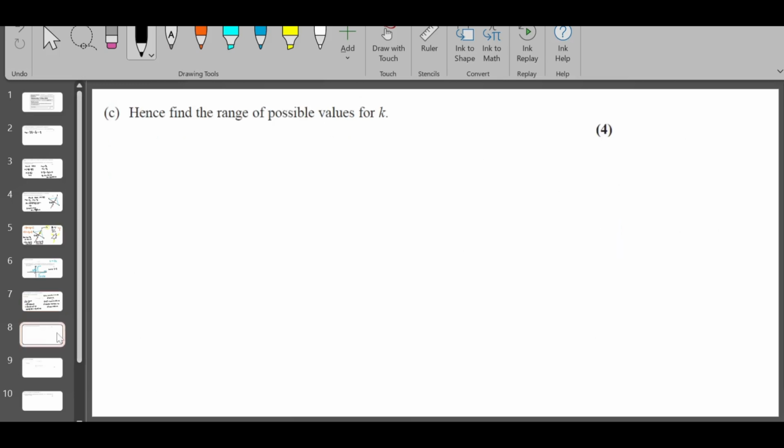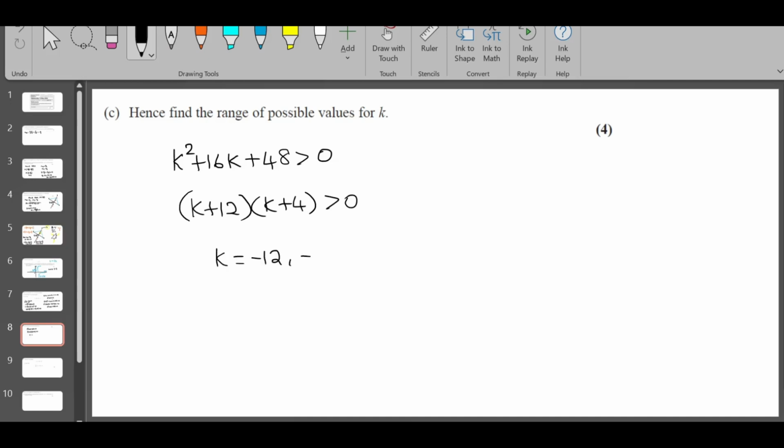Let's look at part C now. Hence find the range of possible values of k. We have this quadratic inequality, k square plus 16k plus 48 is greater than 0. Let's solve this. 12 times 4, right? k plus 12 times k plus 4 is greater than 0. So you got two k values, minus 12 and minus 4. Let's draw a little graph.